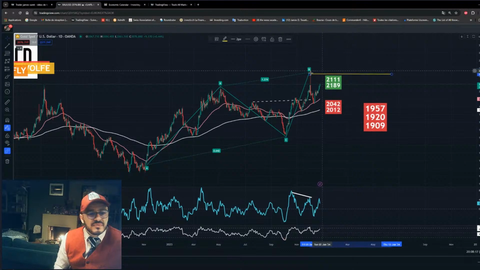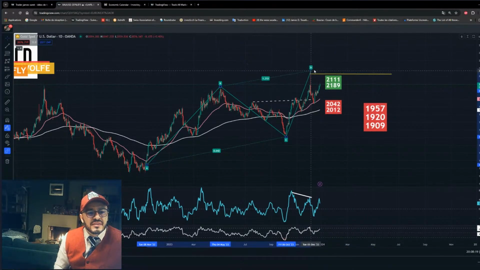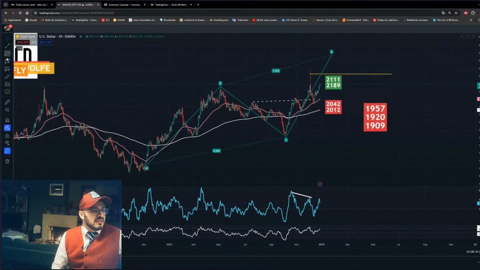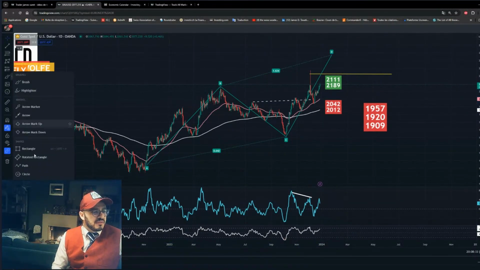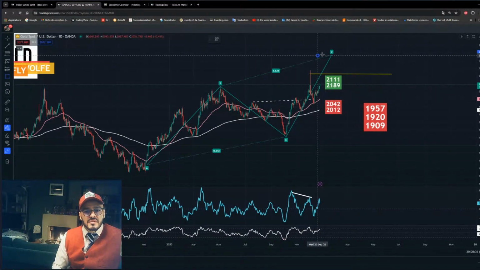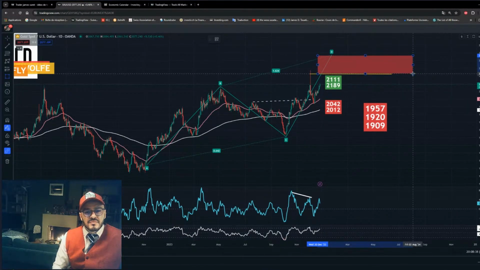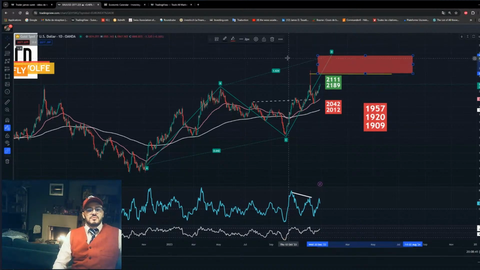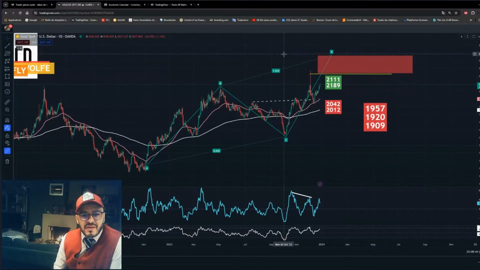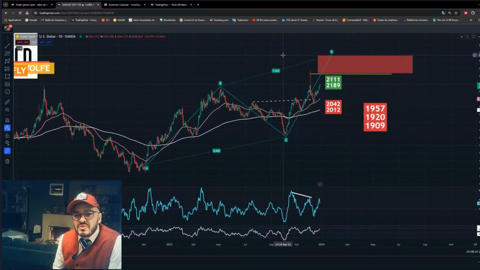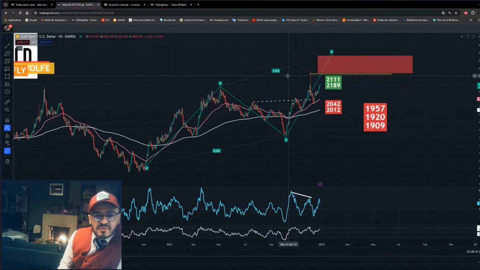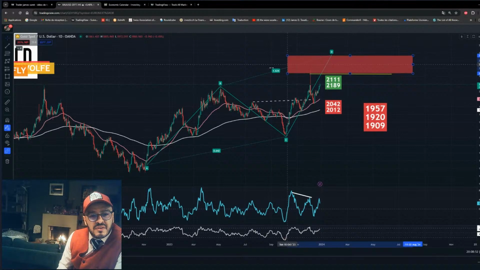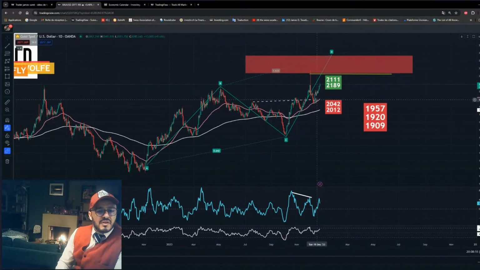We did it already in daily, and then the maximum can be here. Okay, here it's perfect. So I draw here a rectangle. We can go on this PRZ zone. It means we can go maximum to 2,220, for example, or we did it already, this level, and we had the downturn.